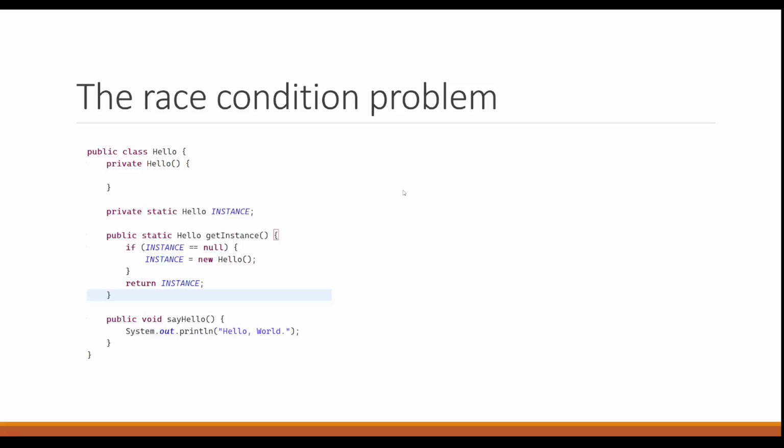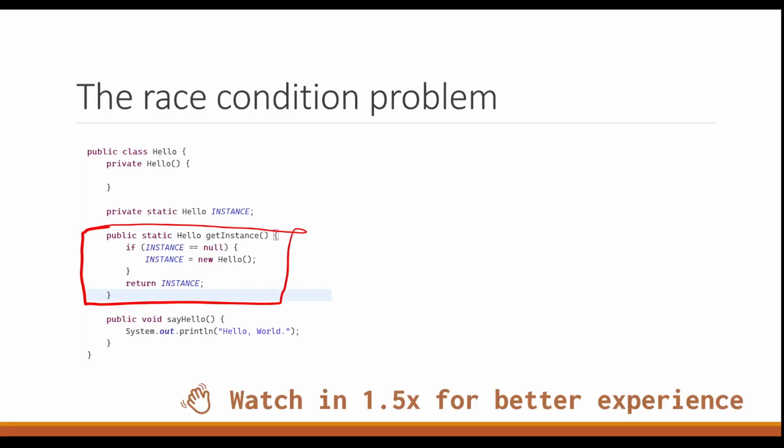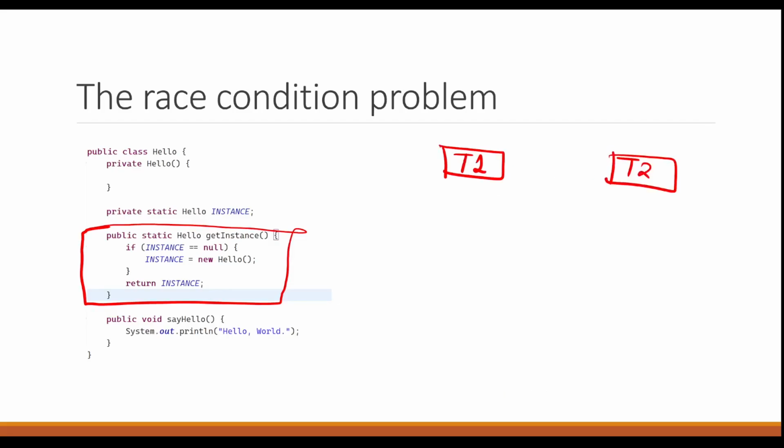Okay. So as I discussed, this is the basic concept implementation of a singleton in the Java programming language. Now let's discuss what the race condition problem here will imply. The problem is pertaining to this block of code. Suppose that you have two threads running in your application. These are two independent threads, they are not related to each other.